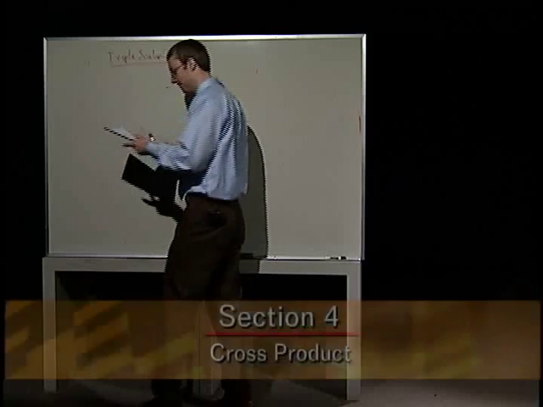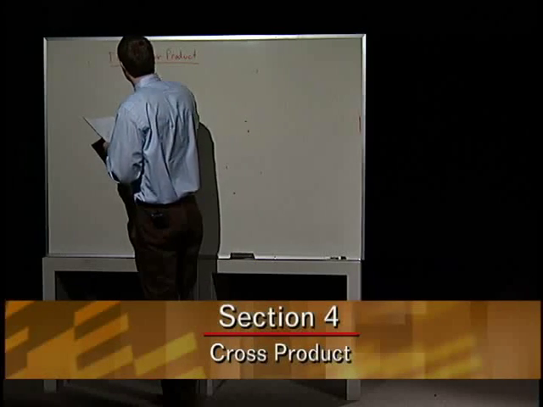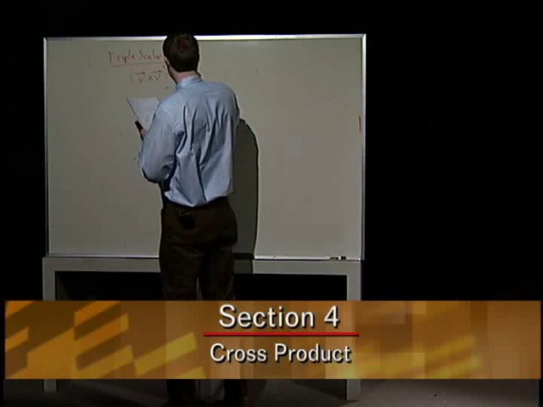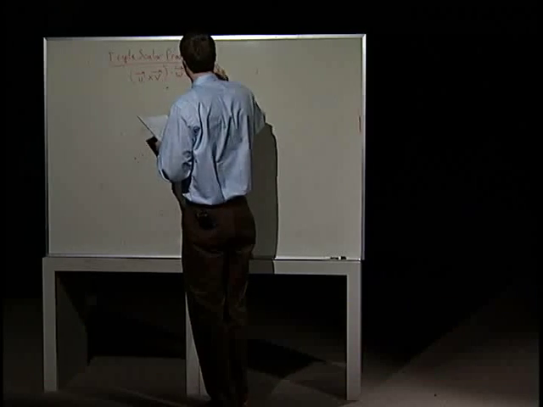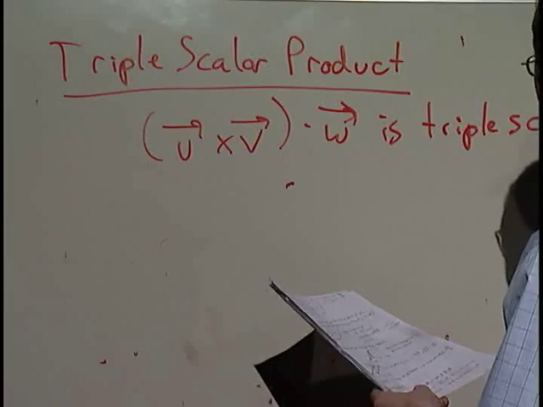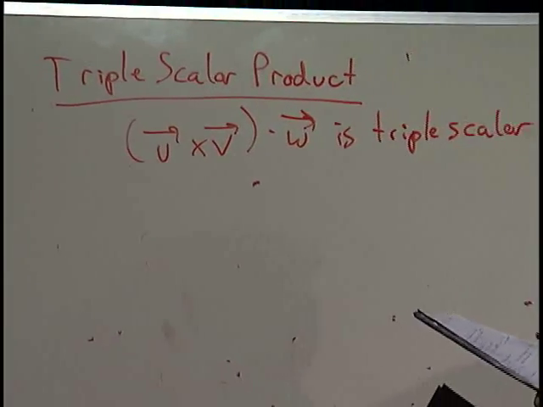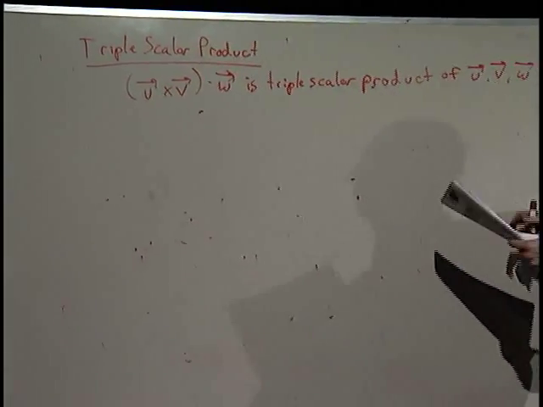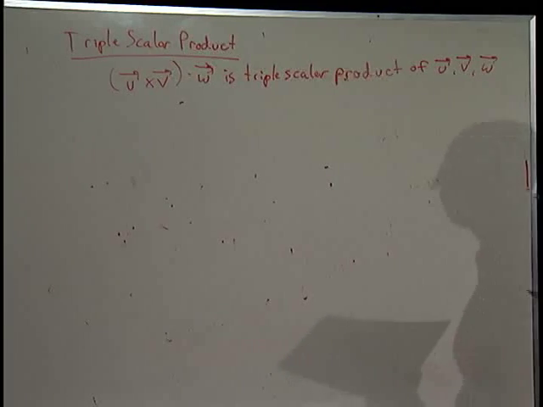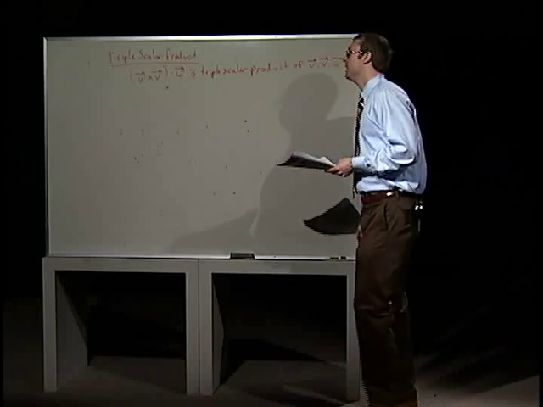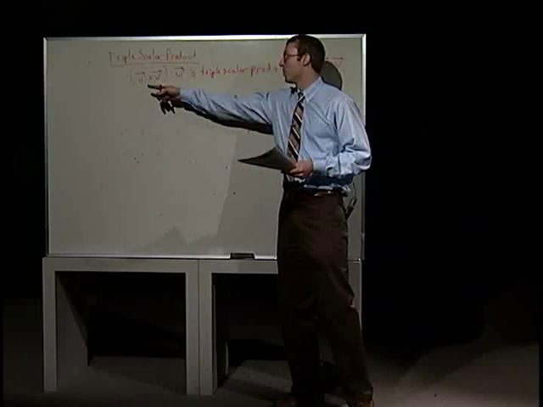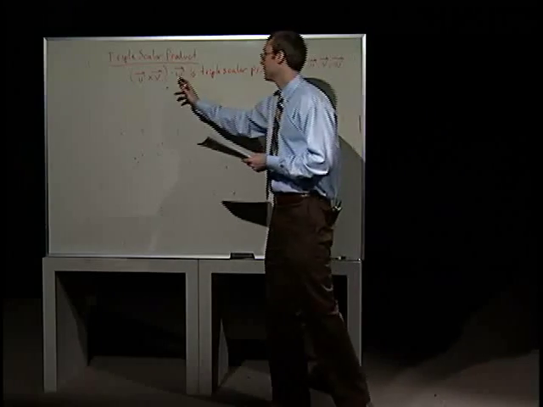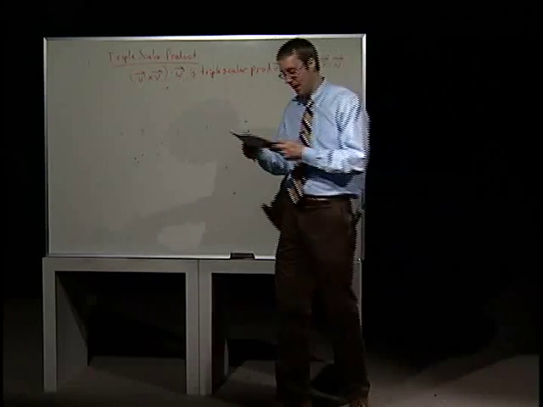Okay, so I've got u cross v dot w, which is what we refer to as the triple scalar product of vectors u, v, w. All right, so it involves both a cross product and a dot product. Perfectly fine. u cross v gives us one vector, and we're dotting that with another vector. So eventually this will be a scalar, as the name implies, because at the end you have a dot product that's going to give you a scalar out.